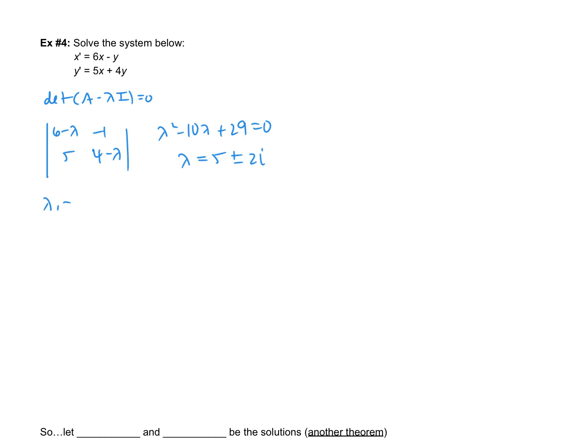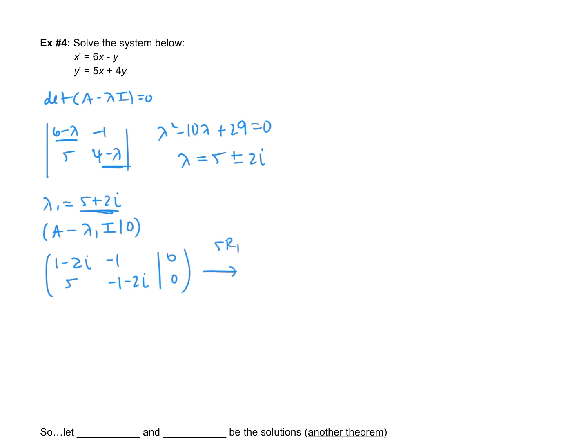So if we treat the first one to be that 5 add 2i, we're going to take a look at the matrix then, A subtract lambda 1 I augmented with 0. So when we do that, I'm taking 6 subtract my eigenvalue, 4 subtract my eigenvalue, so I get 1 subtract 2i and negative 1. I have 5, and then negative 1 subtract 2i, augmented with 0. So what I'm going to do is take the first row and multiply by 5, and then take the second row and multiply by 1 subtract 2i.